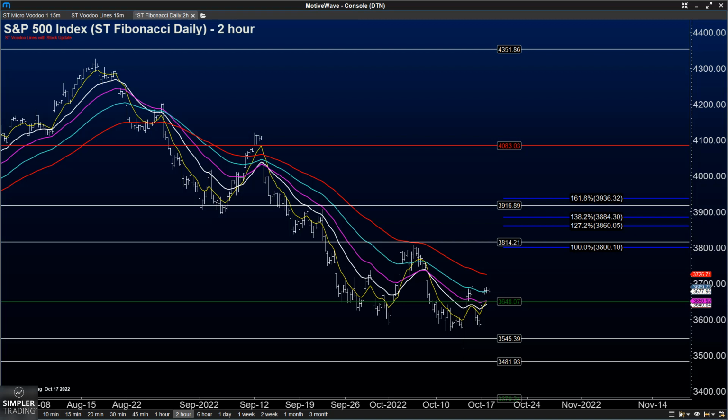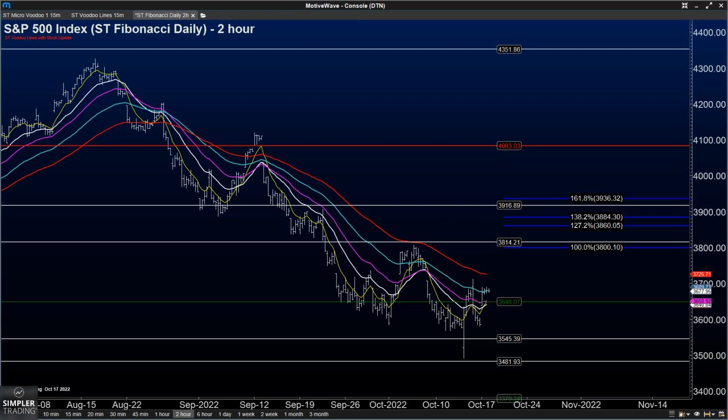So 3814, not too far above that 3800 level. And then we've also got this October 5th swing high last week that is at just about the same spot, and a solid recovery above that swing high is probably more consistent with a larger bounce or a turn up.